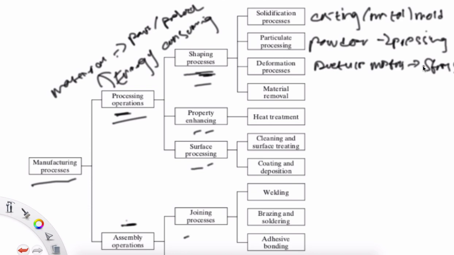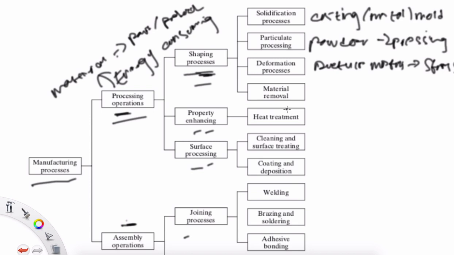To increase the ductility, the metal is often heated prior to forming. The deformation processes include forging, rolling, and also bending.